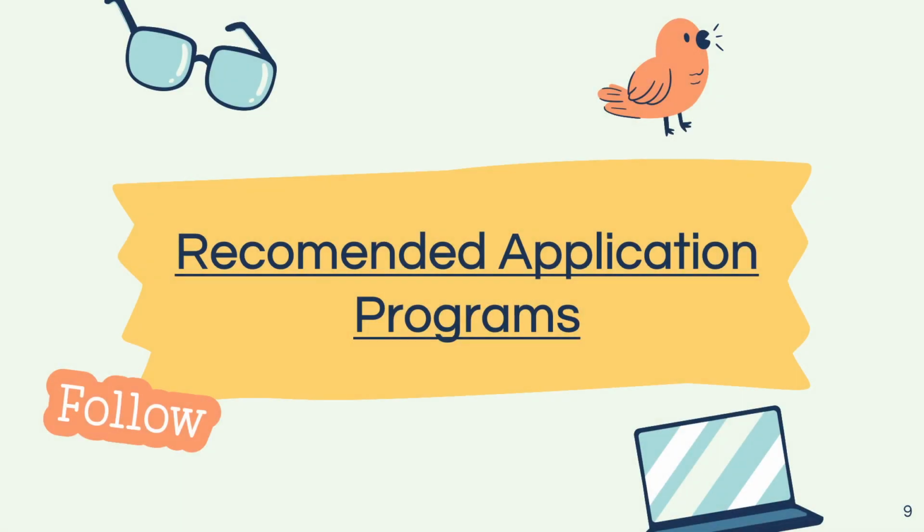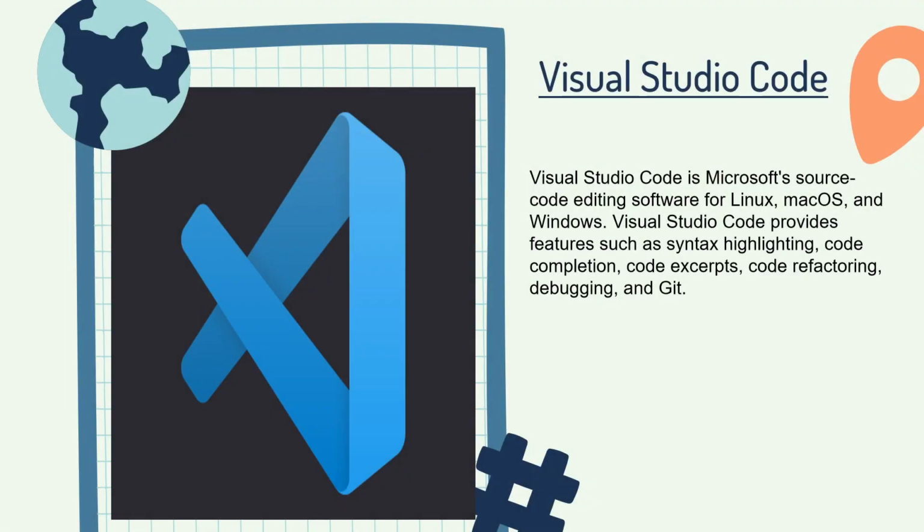Next, recommended application program. The first is Visual Studio Code. Visual Studio Code is Microsoft source code editing software for Linux, Mac OS, and Windows. Visual Studio Code provides features such as syntax highlighting, code completion, code excerpts, code refactoring, and debugging and Git.